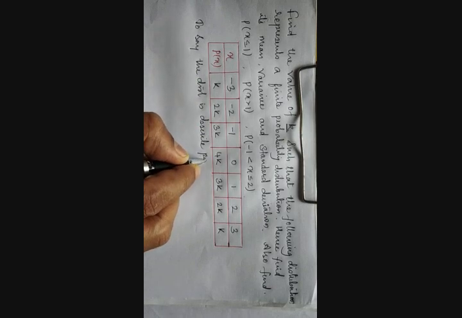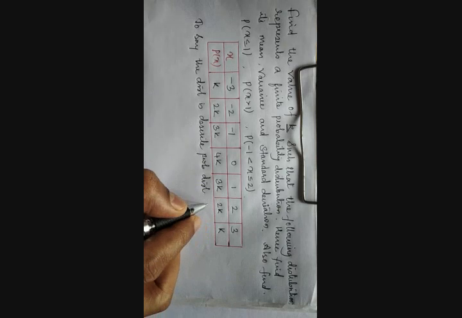To say the given distribution is a discrete probability distribution, it must satisfy the conditions of a discrete probability distribution. It must have two conditions. One is probability of x must be greater than or equal to 0. Second is summation of probability of x must be equal to 1. If these two conditions are satisfied, then we can say it is a finite probability distribution.